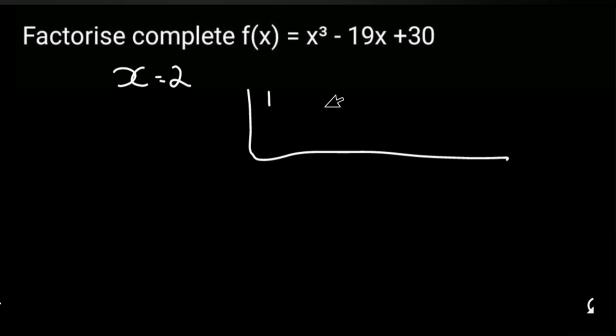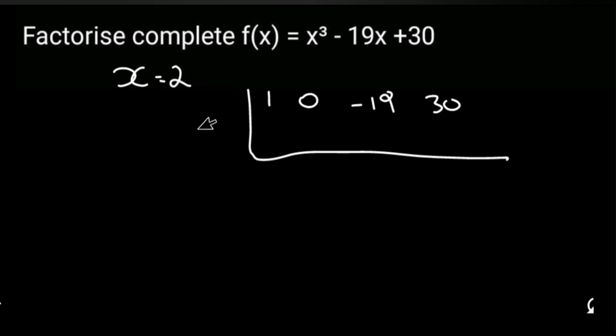For x squared, there's no term, but we need to put 0. If there's no x squared term or no x term, you still need to put 0. So it's going to be 0 for x squared, then -19, and our constant is 30.